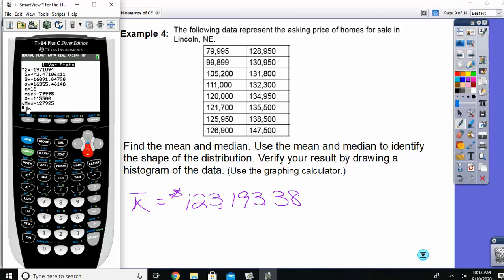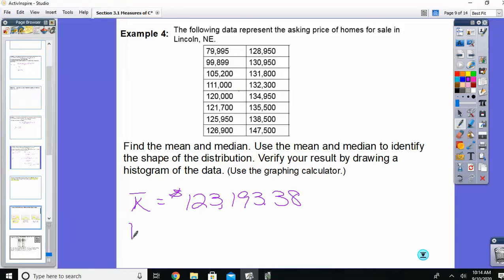So my median here was 127,925. Now, if you only have 4 or 5 points, this probably isn't worth your time. But if I gave you a large set of data or really big numbers, this is significantly faster.